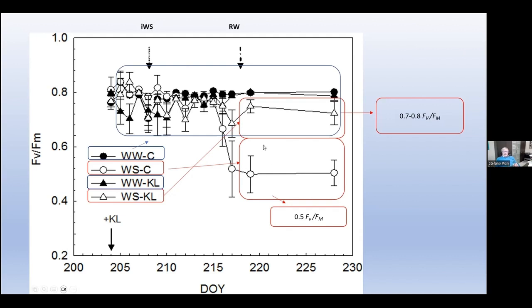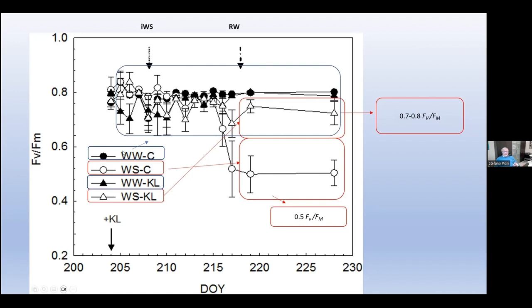However, this is just to tell you that when this ratio goes below about 0.6, well, that means that the leaf is undergoing what is called a process of photoinhibition. In other words, the leaf is not able to dissipate all the energy that it receives, and at that point, it starts a sort of yellowing and then a degradation process.